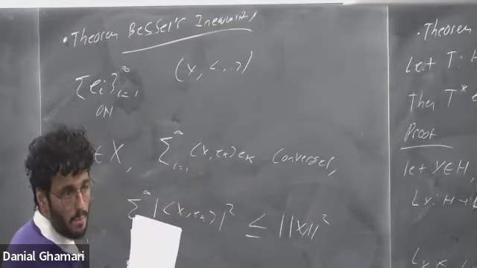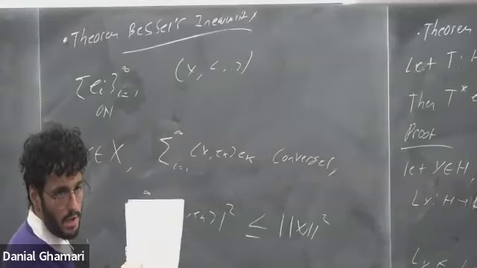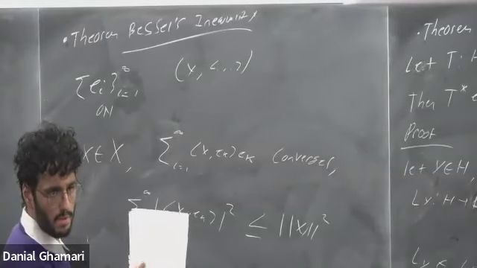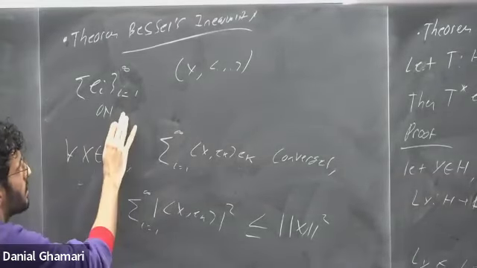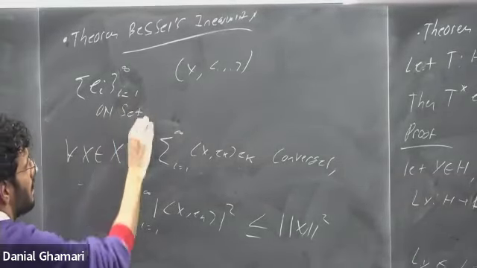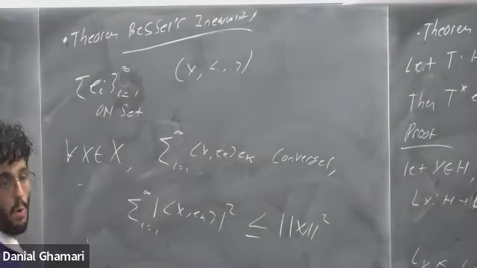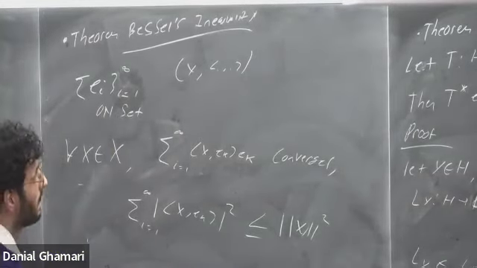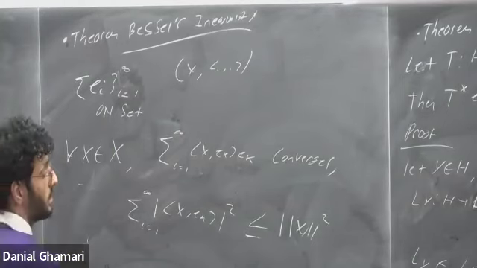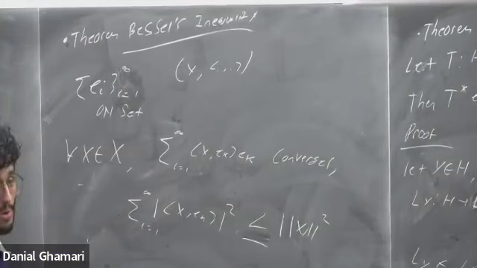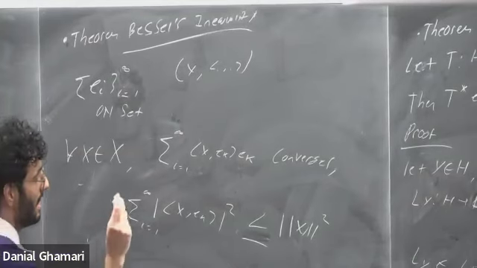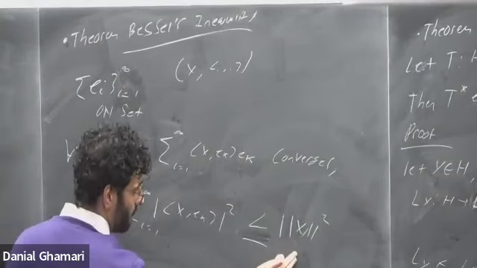This is what we do with orthonormal sets all the time in linear algebra, right? But in this case, just being an orthonormal set doesn't give me equality in the infinite dimensional case. If it was finite dimensional, absolutely, I would get equality. In this case, Bessel's inequality is the best I can do: it is bounded above by the norm.